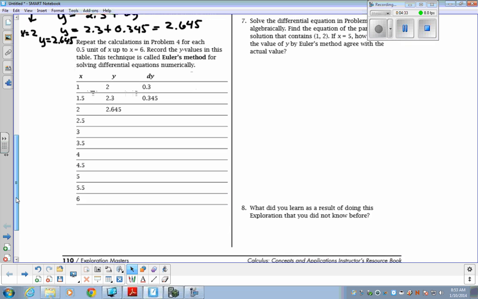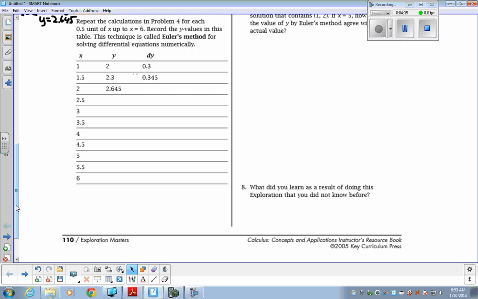So if we look at number 5, all the answers that we have found so far are right here in the table. We started here where x is 1 and y is 2. When we evaluated our dy, I'm going to go ahead and write dy right here so I can see it. And it was 0.3 times y times dx. Using our differential, we found that the dy was 0.3. Then we moved on to x is 1.5.